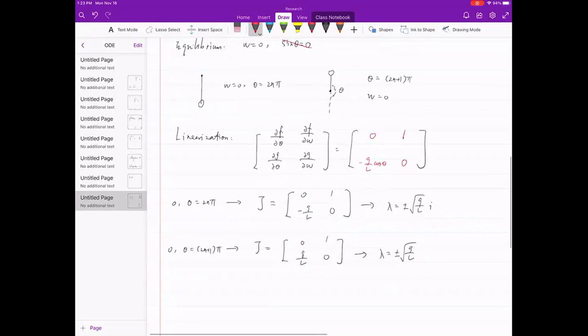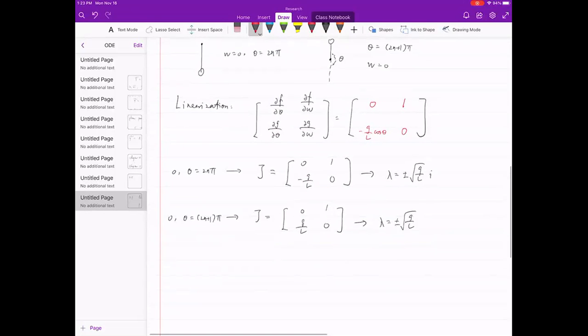If you get the same thing, did I get the right number? Looks right to me. Then this is going to be a center. And then this one, what I wrote here, is going to be a saddle.